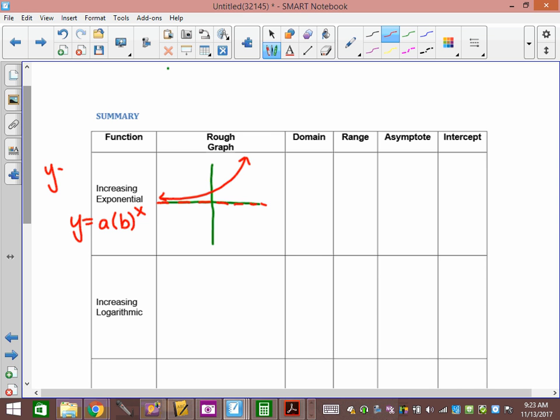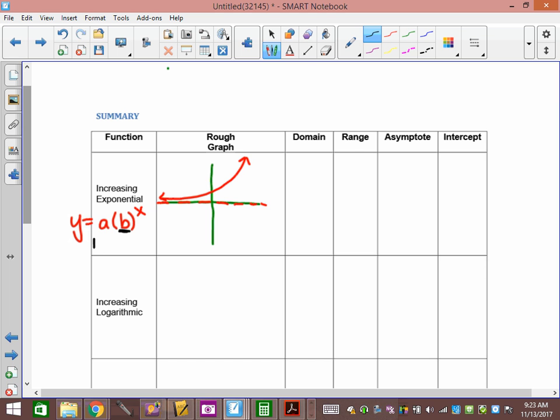Even if it's y equals a b to the x, actually, I think they label it as c. Anyways, it doesn't matter what format it is in. What tells me if it's increasing? My b value.